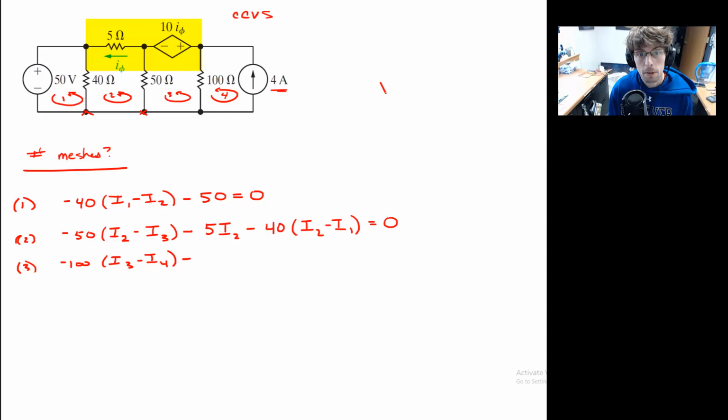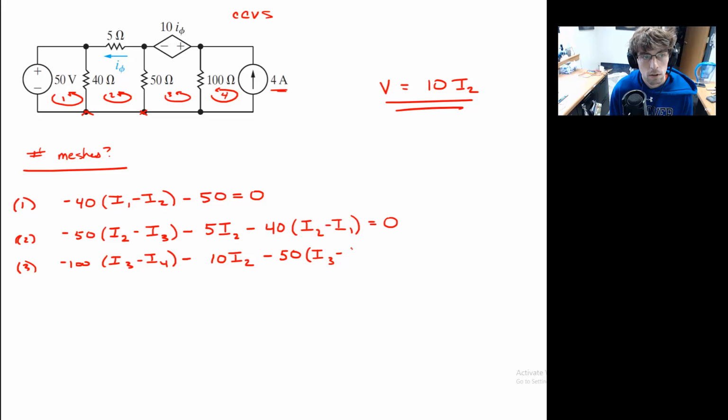The drop across this supply is 10 times what I have called I2. We'll use that dependency when I write down this Kirchhoff's voltage law, so I'm going to write 10 I2 here. We keep going, and we still have the 50 ohm resistor that we have to take care of. And we're back at our starting spot.